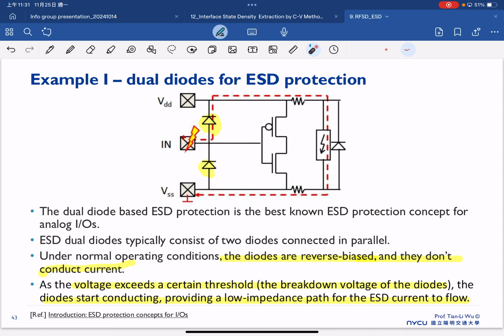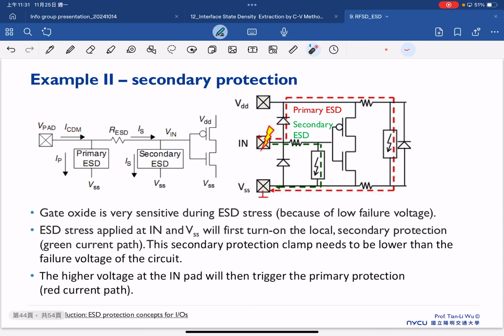Also, the gate oxide is very sensitive during ESD stress, because as we already know, the gate oxide suffers at lower voltage that can cause a breakdown. So usually we have to consider primary ESD and secondary ESD, because we want to make sure that no ESD strike gets close to our gate side.